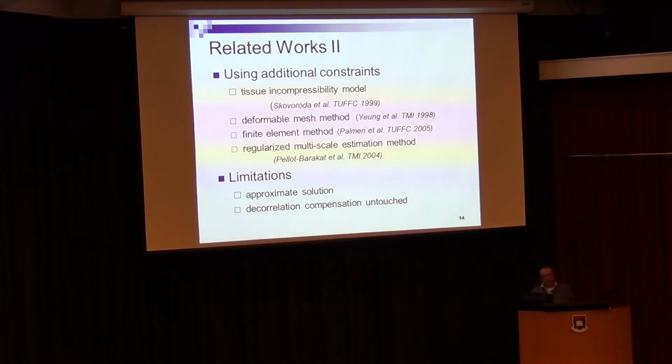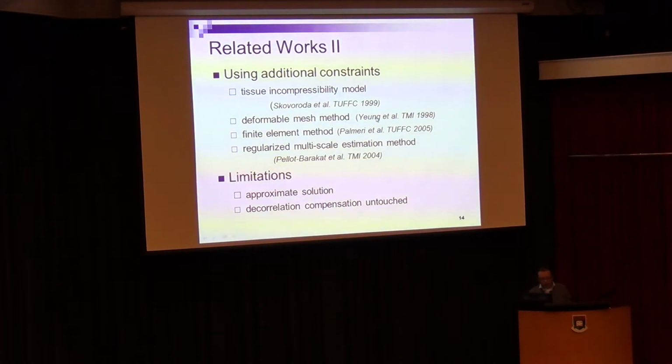At the software level, many algorithms have been proposed. People use additional constraints like the tissue incompressibility constraint, saying that tissue is like plastic rubber, so the total volume won't change. You can reduce the degrees of freedom in the matrix by using this, or you use the deformable mesh method or the so-called finite element method.